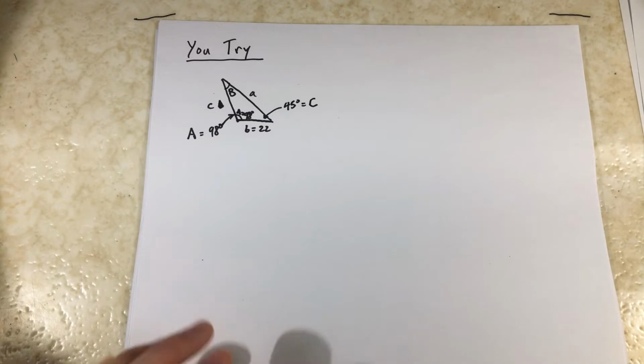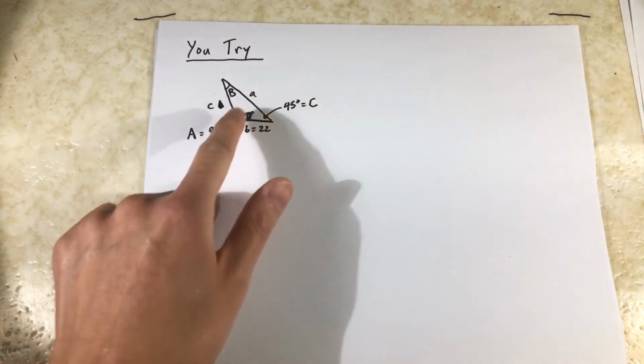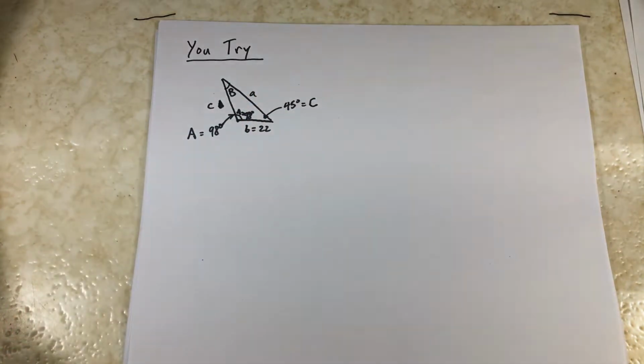What we want to do is apply the law of sines to this to solve for this side A, this side C, and this angle B. Why don't you try that? I'll give you a couple seconds to pause it and try to do it yourself, and then we'll go through it.